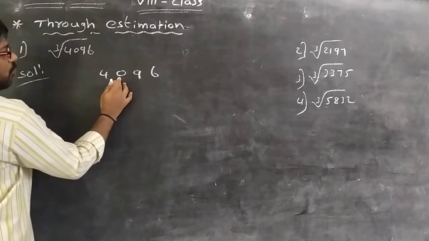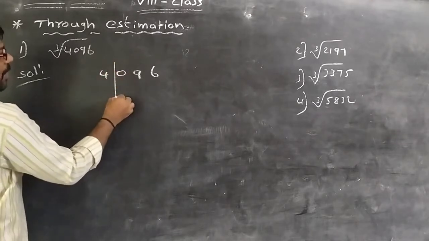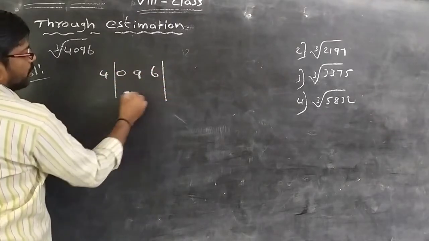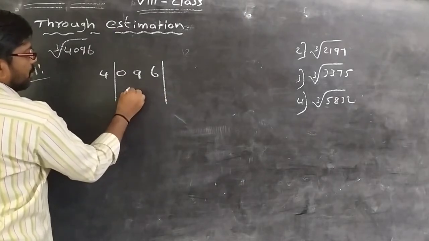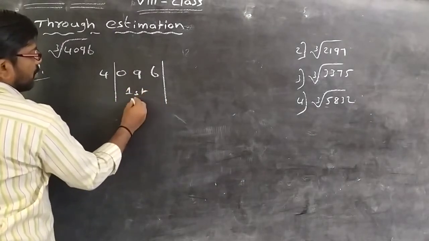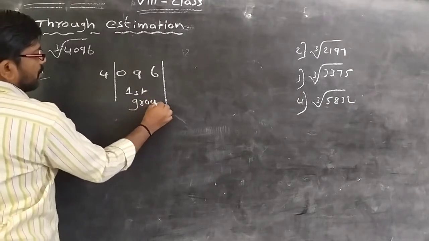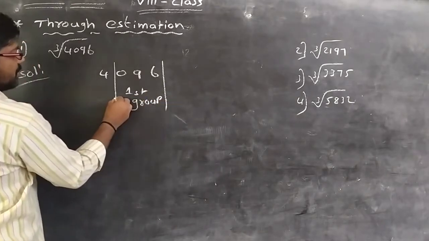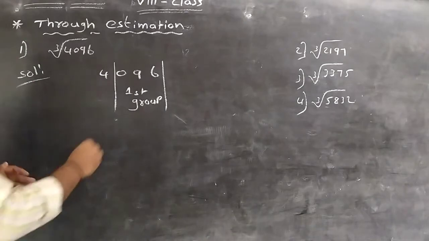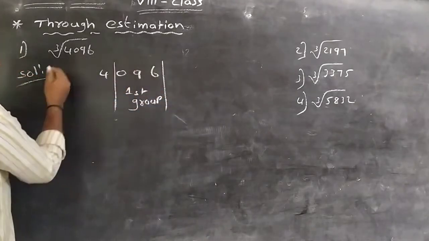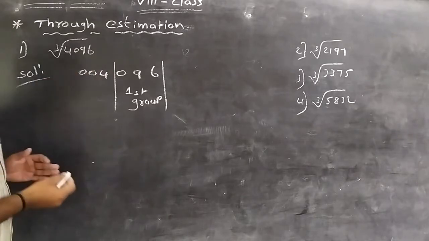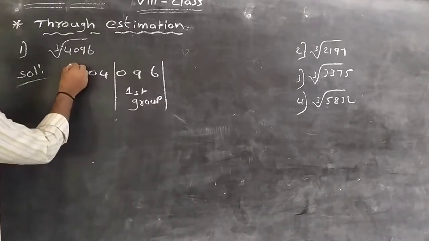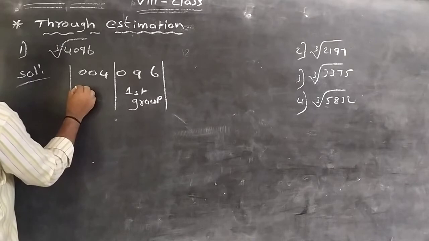This is one group, the first group. Next group is 4. Here no other numbers are there, so we write 0 0. It is the second group.